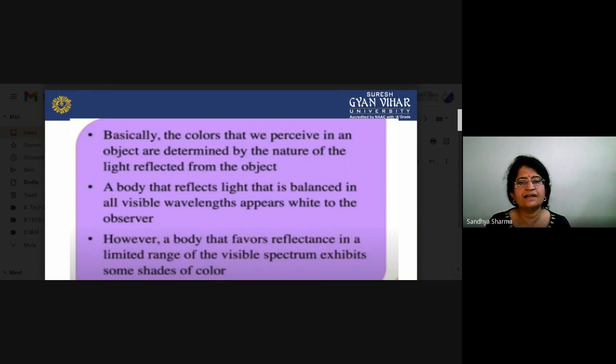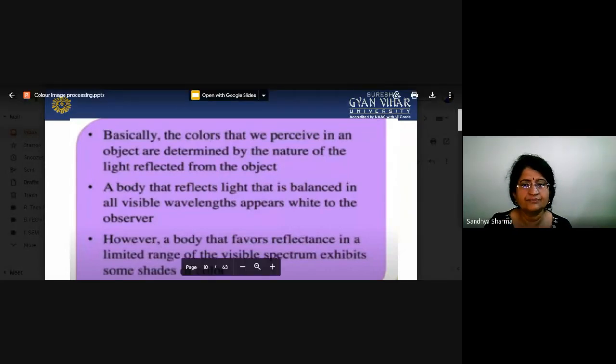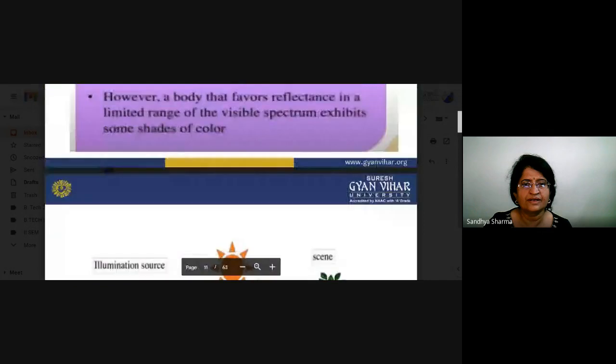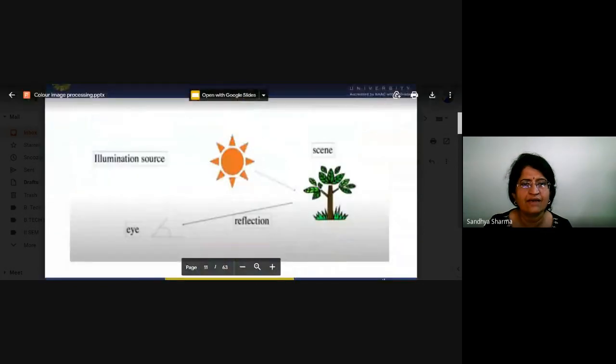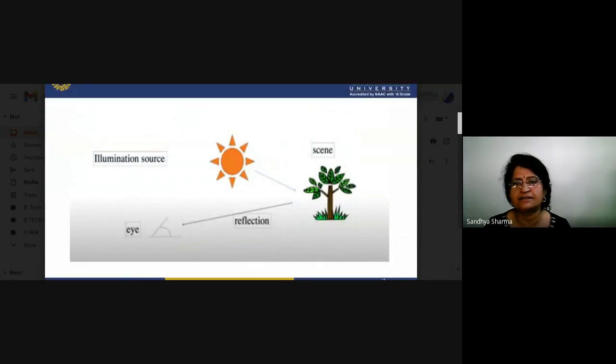However, a body that favors reflectance in a limited range of the visible spectrum exhibits some sets of colors. So that also depends on the reflectance property. Now you can see what will happen if we have an illumination source, and these rays are incident on a particular object, that is, the tree.